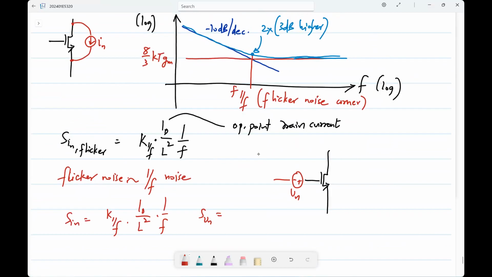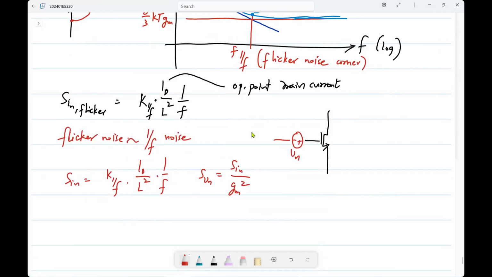Okay. Can you simplify this? What is the expression for Gm square? Let's not use Vgs minus Vt here. It is 2Id times mu Cox W by L. So if you substitute that, what will you get for Svn?